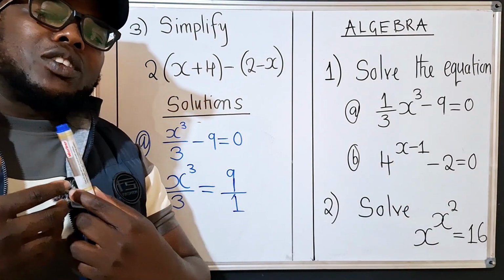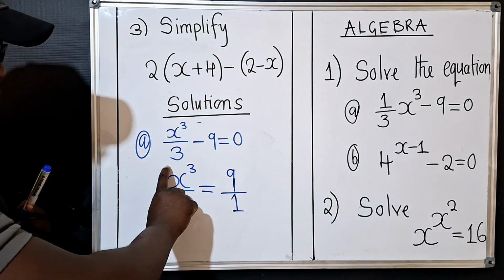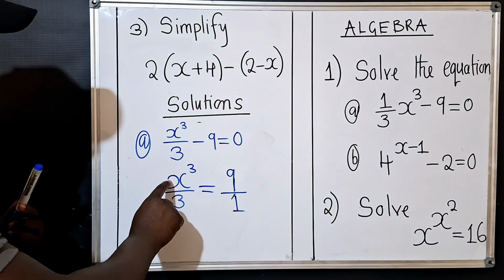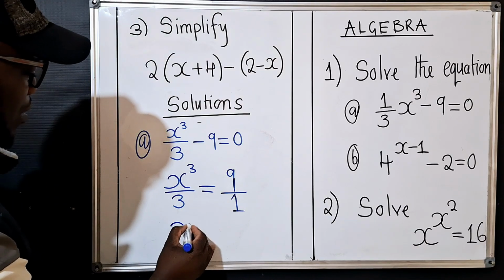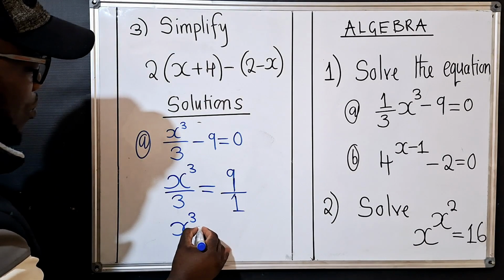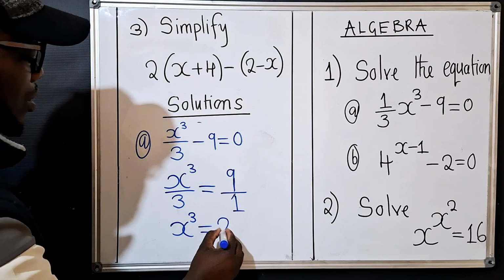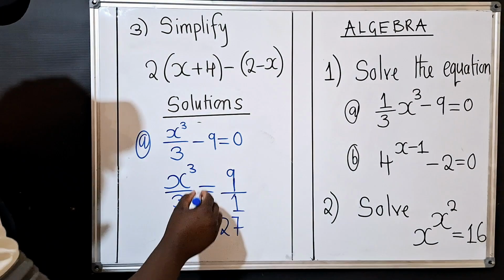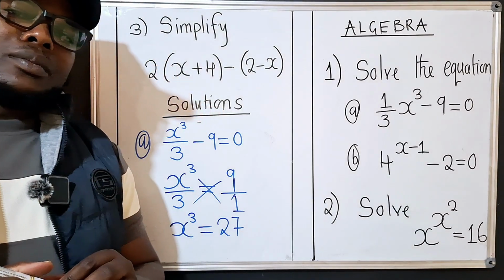It's because I want to do some cross multiplication because of this fraction. So now we can say x power 3 times 1 gives us x power 3, which is equal to 3 times 9, which gives us 27. This is what we call cross multiplication.